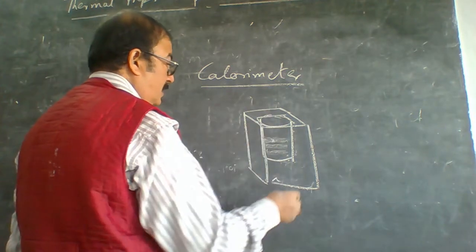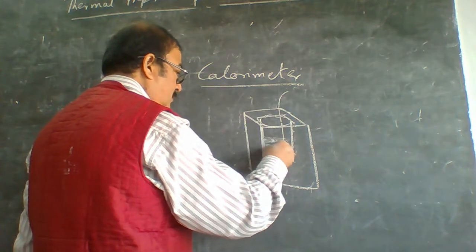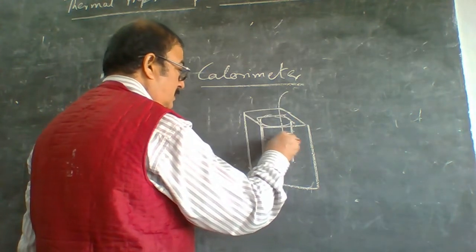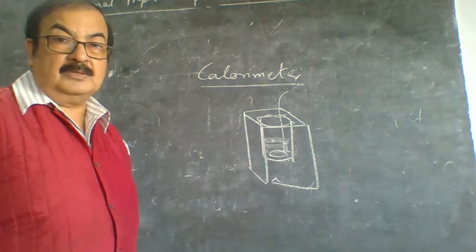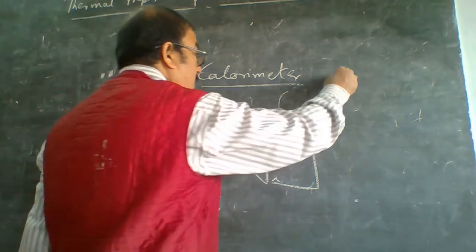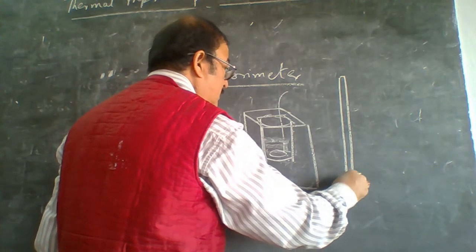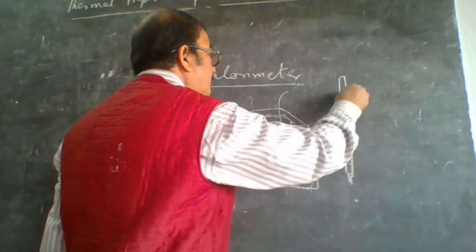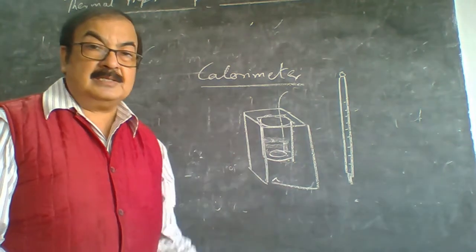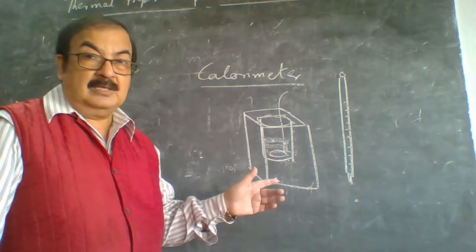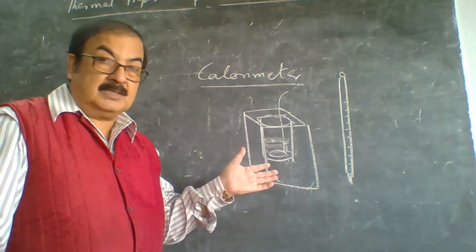Okay, and now we can use a stirrer to allow the increase or decrease in temperature uniformly, and one thermometer is also used, a Celsius thermometer, to check the decreasing temperature of the hot body, because there is already some hot oil or hot liquid placed over here.